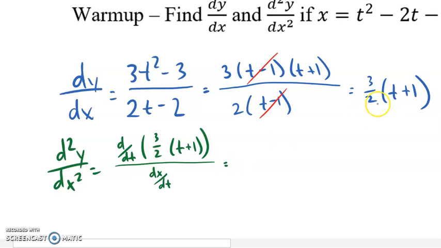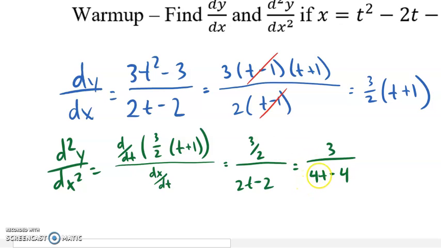But if we take the derivative of the numerator with respect to t, we get the very simple 3/2. Hooray! And then the denominator becomes 2t minus 2. And then we end up with 3 over 4t minus 4. Or you can factor out the 4, whatever floats your boat.